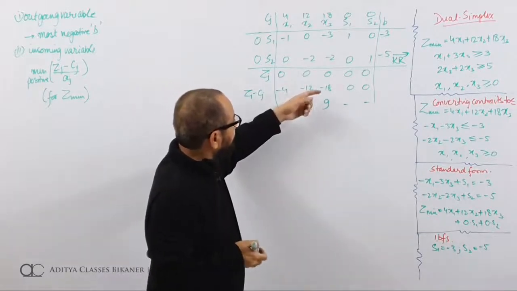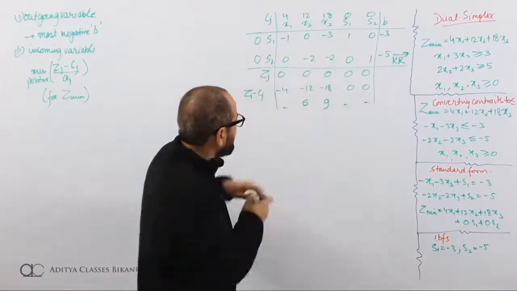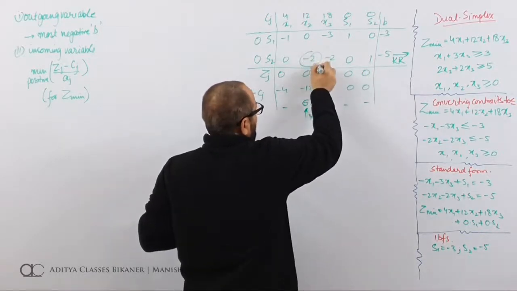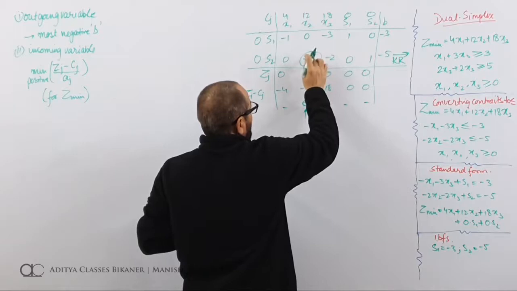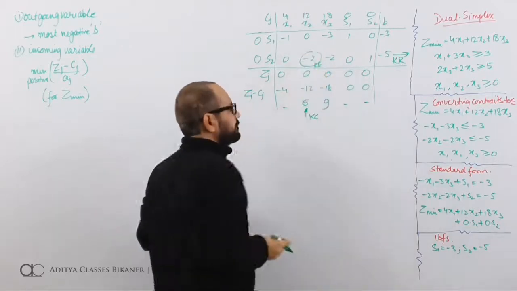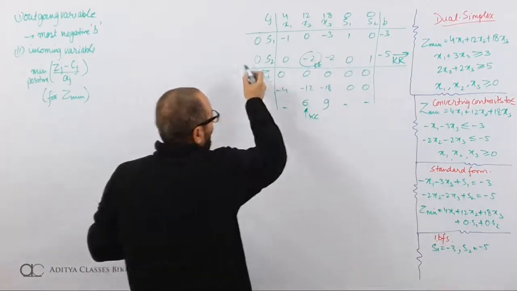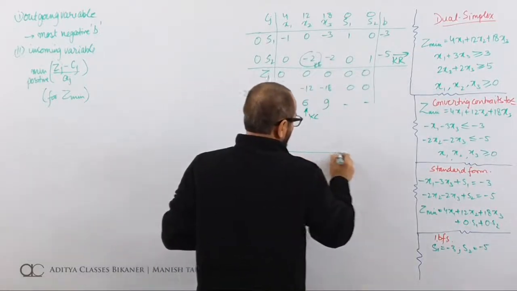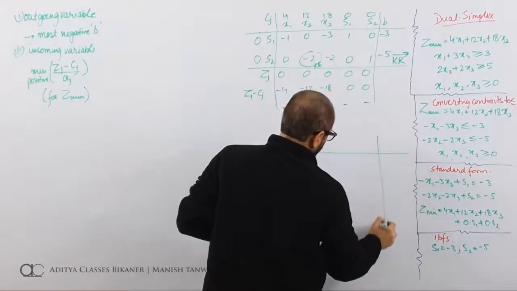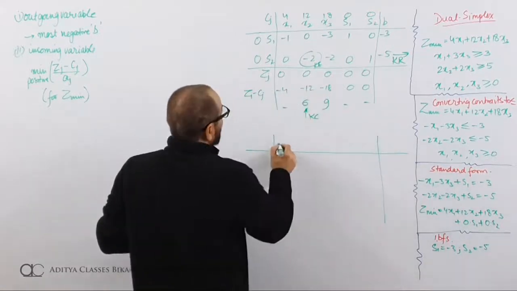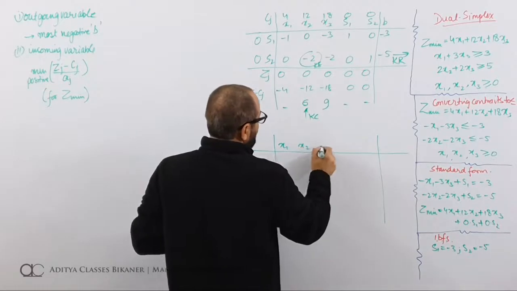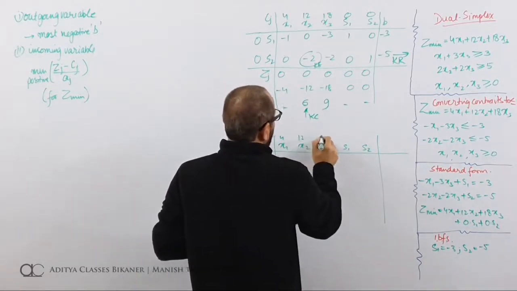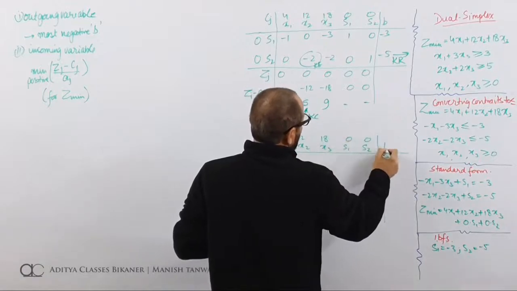So what do we get? This becomes my key column, key element. Can I divide all these elements by -2? x1, x2, x3, s1, s2. 4, 12 and 18 contributions, 0 and 0, b.